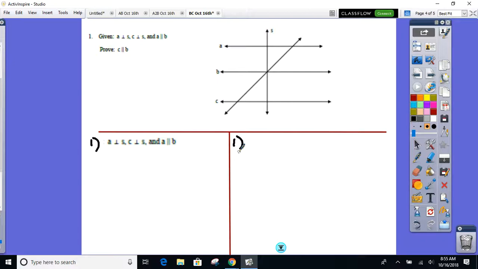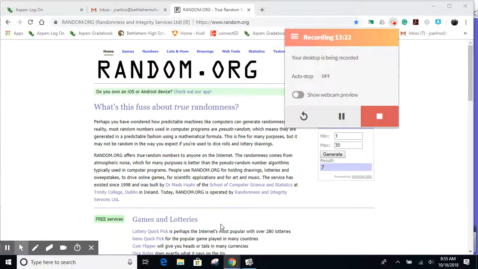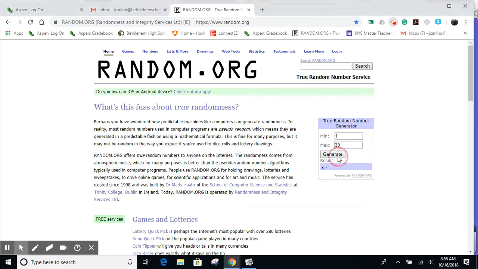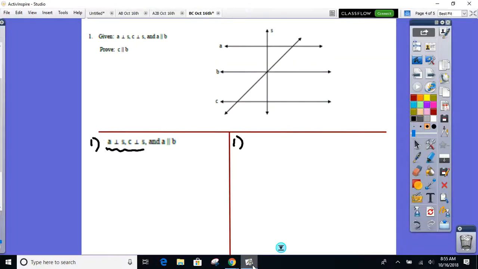Let's take two at a time. Do you want to take the two perpendiculars, or do you want to take a perpendicular and a parallel? Anybody have any preference here? Okay, let's take the two perpendiculars. What do I notice with the two perpendiculars? I have A perpendicular to S, and I have C perpendicular to S. Number 8.